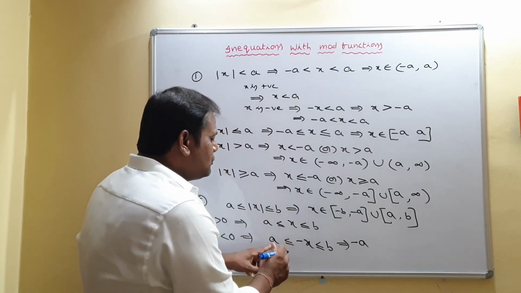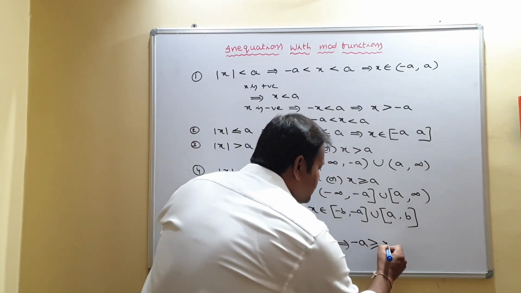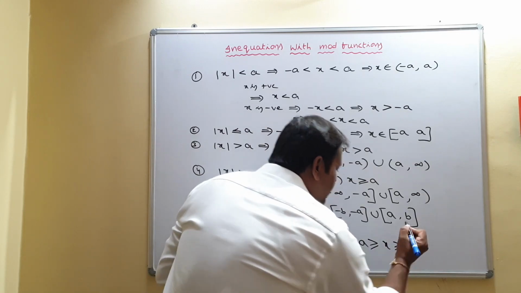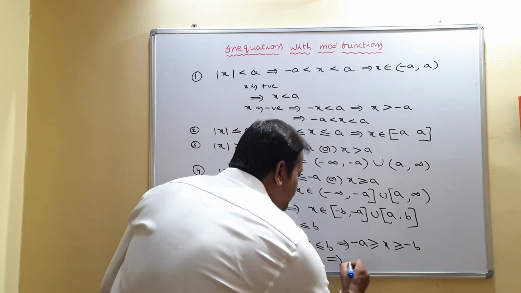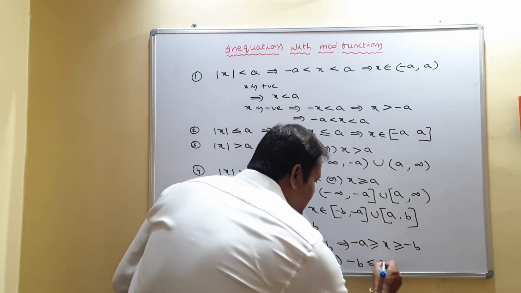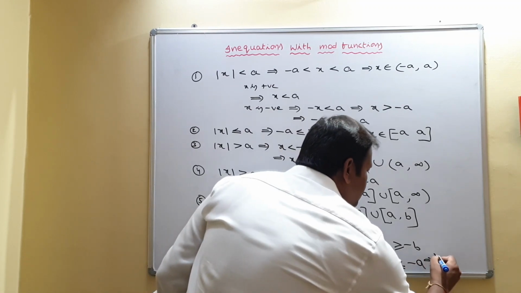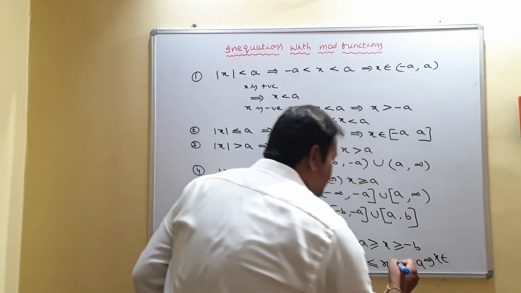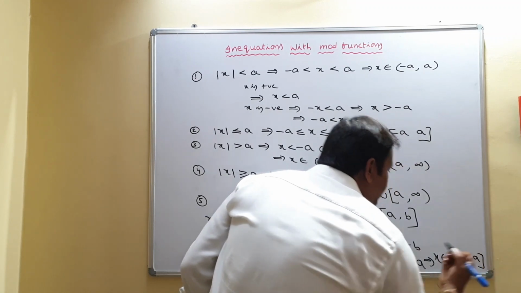So minus a less than or equal becomes greater than or equal to x greater than or equal to minus b. You write them in reverse order. Then what you get? Minus b less than or equal to x less than or equal to minus a. Means what? X belongs to closed interval minus b to minus a.